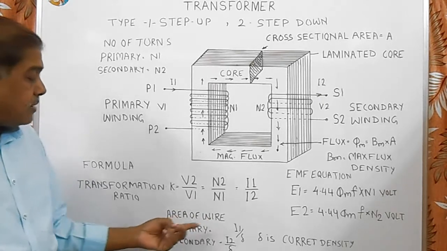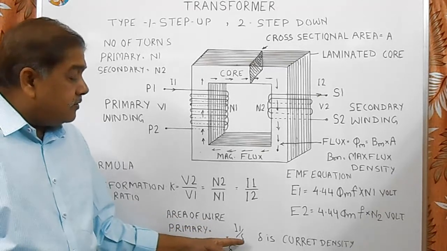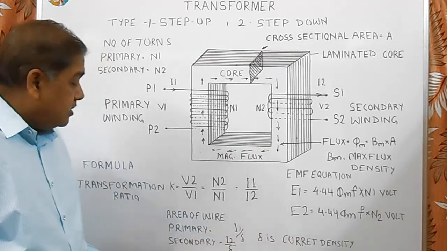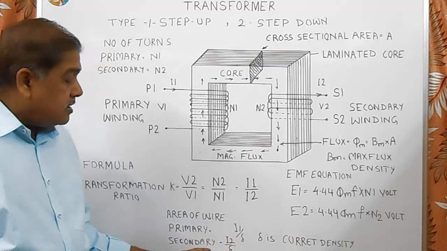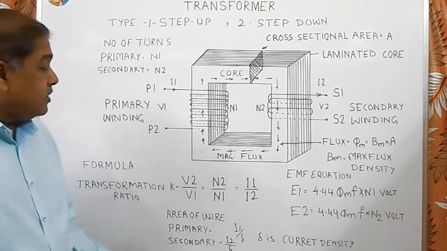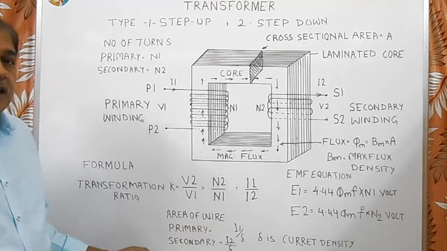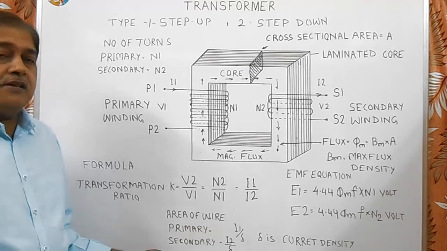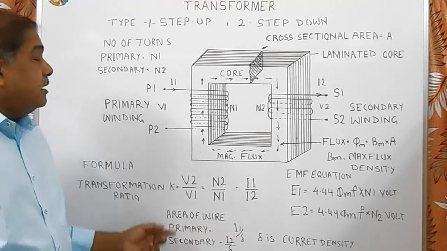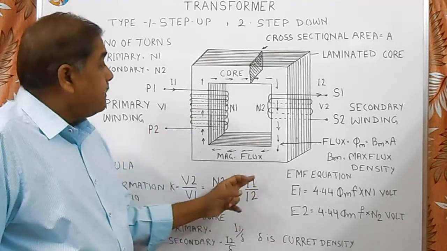Area of wire of primary winding is given by I1 by delta, where delta is the current density, and secondary winding cross section area is equal to I2 upon delta. So, with the help of these two formulas, you can find out the size of primary and secondary conductor, and number of turns we can find out with the help of this formula.